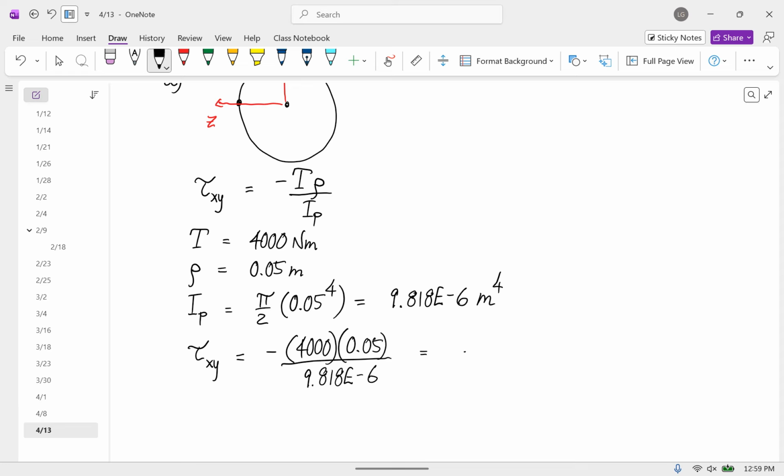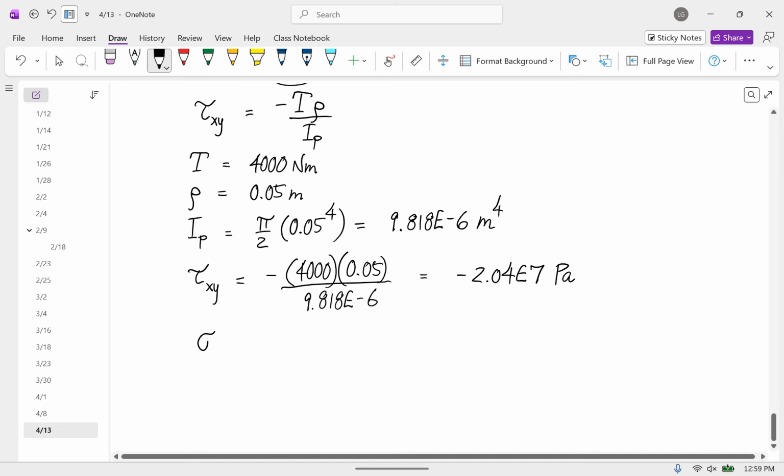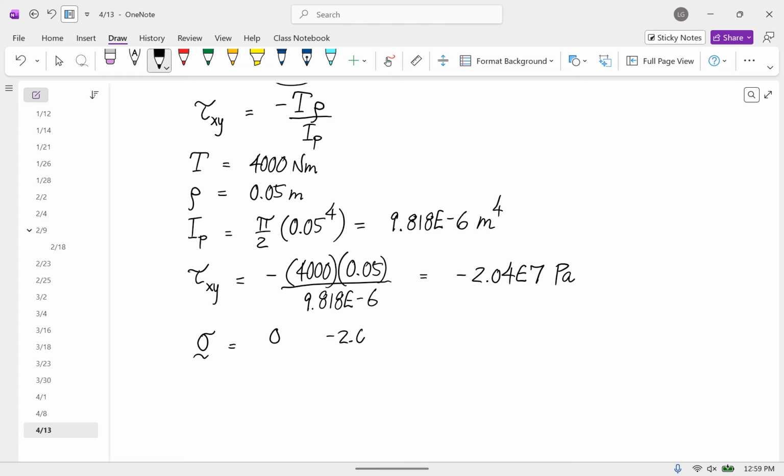And you get negative 2.04 times 10 to the 7th pascals. So the stress tensor at that point is 0, negative 2.04 times 10 to the 7, 0. Stress tensor has to be symmetric, so another 2.04 times 10 to the 7 here, and zeros elsewhere.